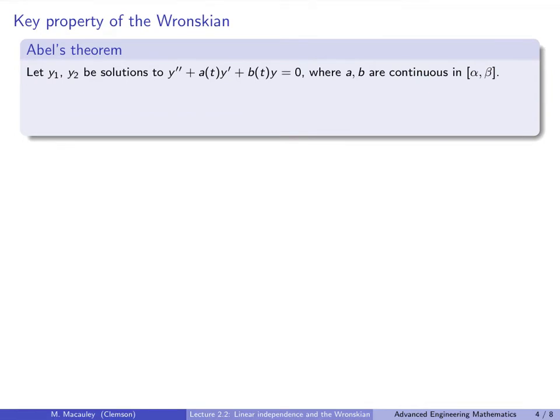I'm going to spend much of the rest of the lecture giving you applications of the Wronskian and convincing you why it is indeed useful. So one of these is Abel's theorem.